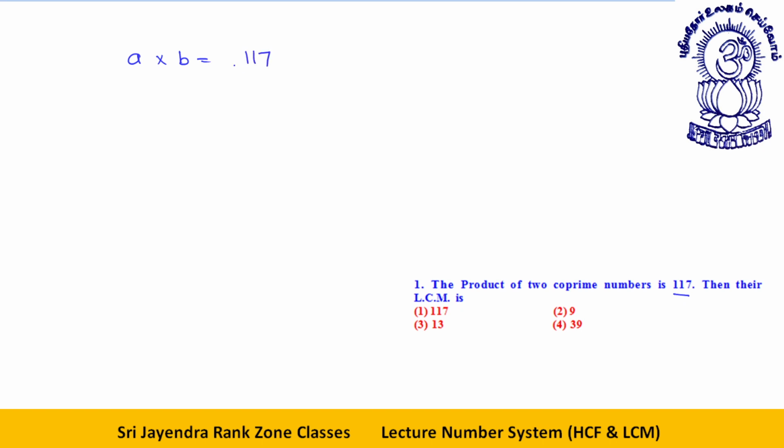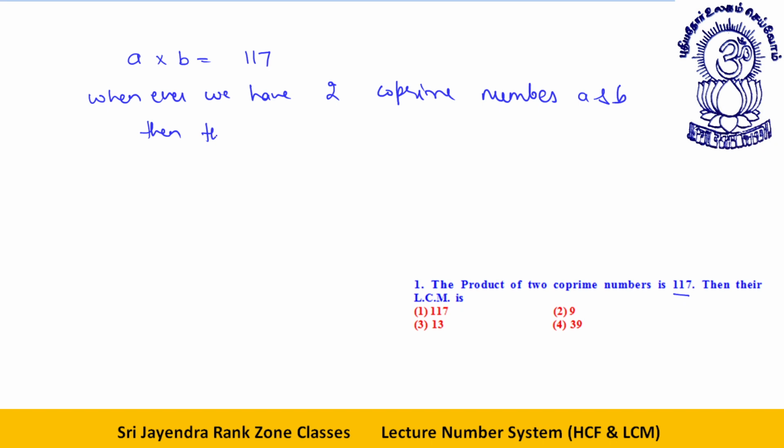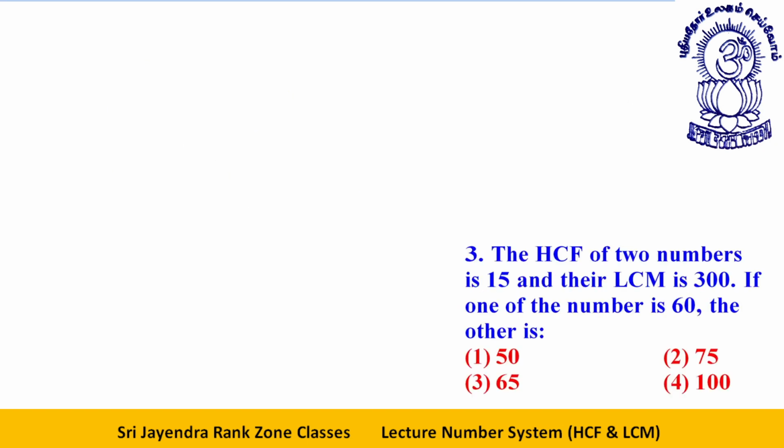I have already told you, whenever we have two co-prime numbers A and B, then their LCM is A into B. I have already discussed this in this class itself. Therefore, LCM is equal to A into B, or 117. Got it? Let's take one more question of this type.